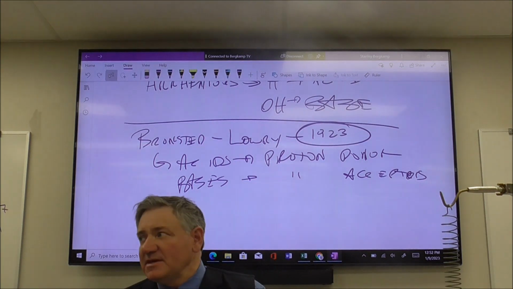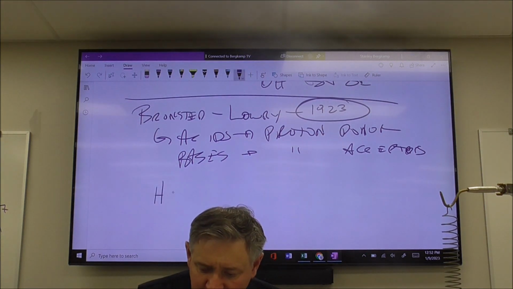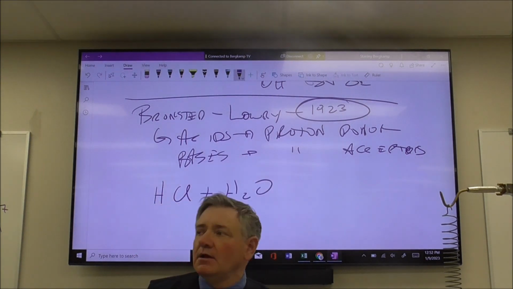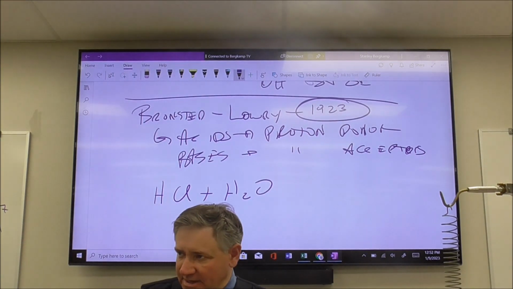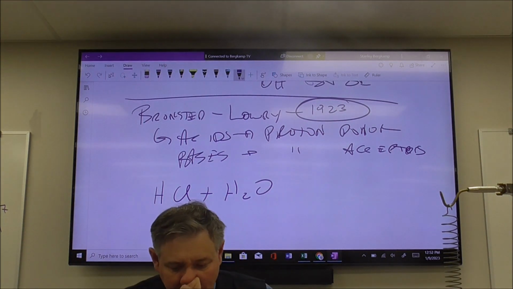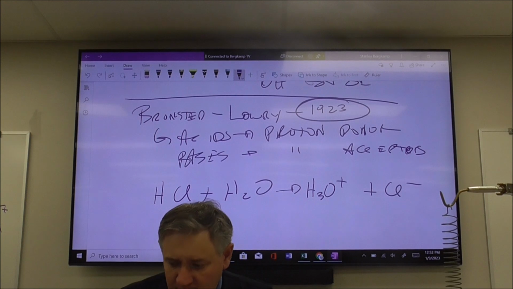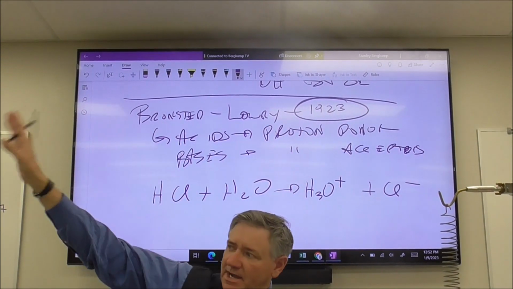So this still works. Let's say you put hydrochloric acid in water. This is where you get into conjugate acids and conjugate bases as well. If you take hydrochloric acid and put it in water, you get the hydronium ion and the chloride ion. It's a strong acid, so it ionizes completely.